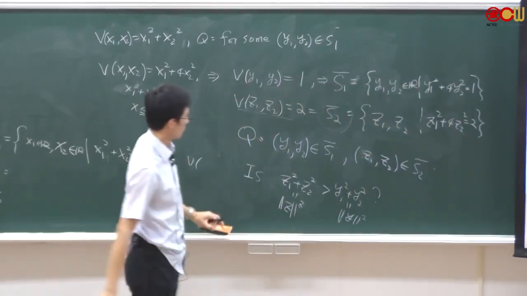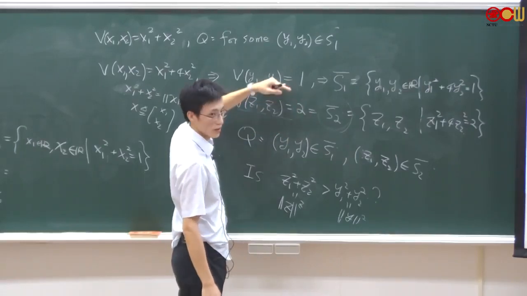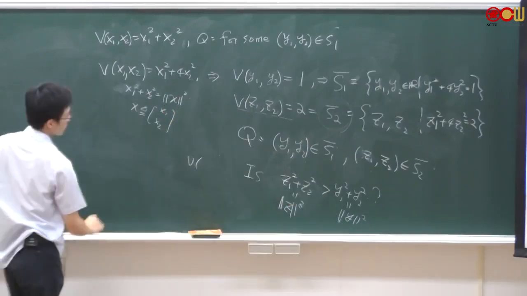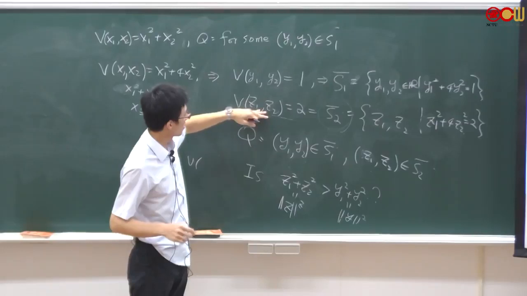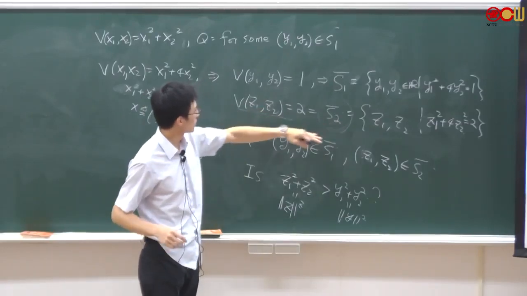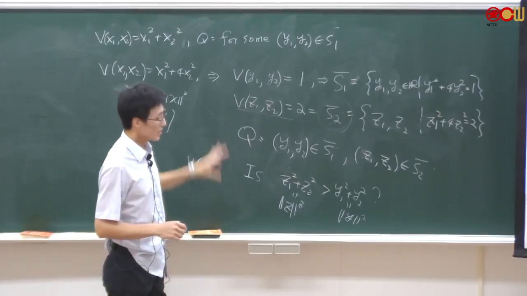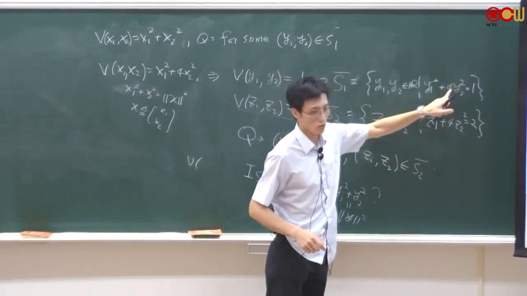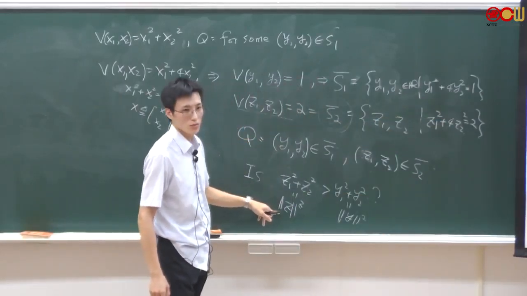Okay, it's clear. Level sets 1 and 2 have different V values. This V value is greater than this. But this is not always true. What you can guarantee is that the V value for all arguments in this set is greater than the V value in the other set. But V is defined with a coefficient of 4 here, while this is the norm of the argument.